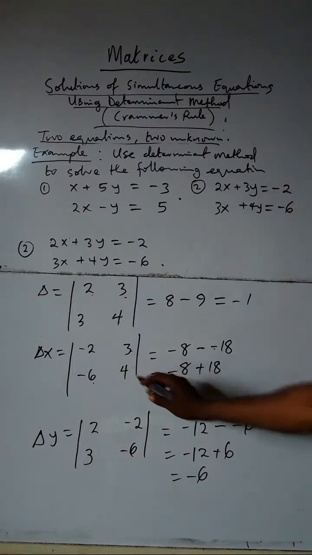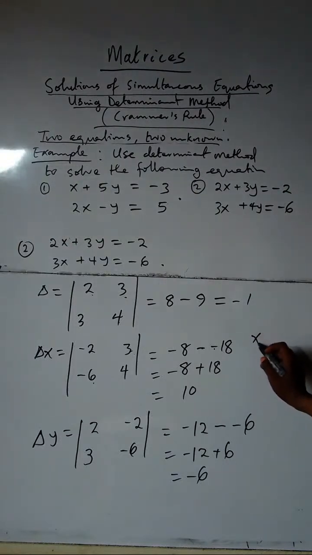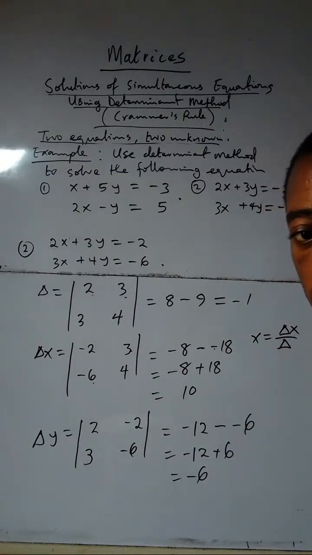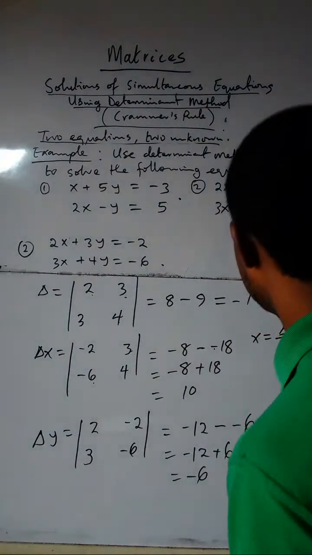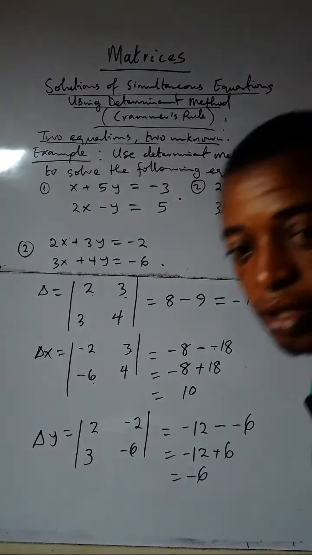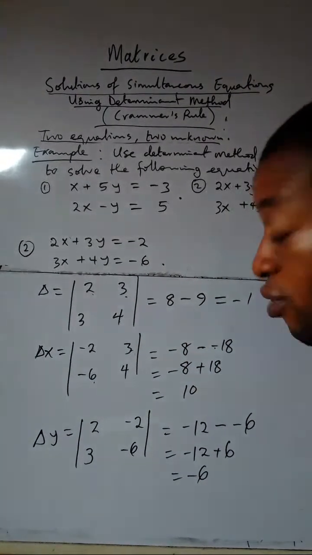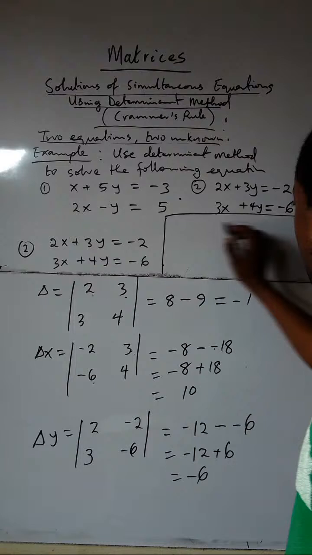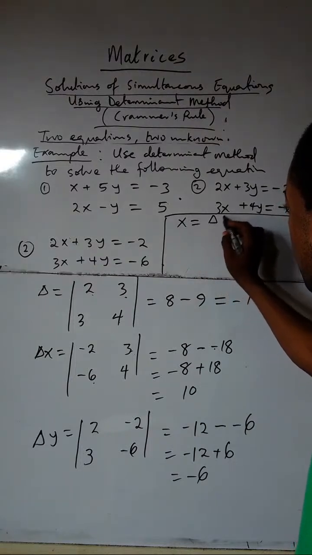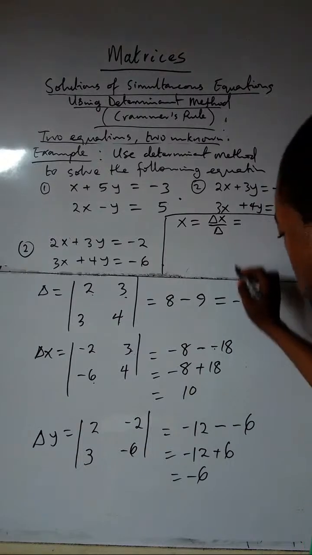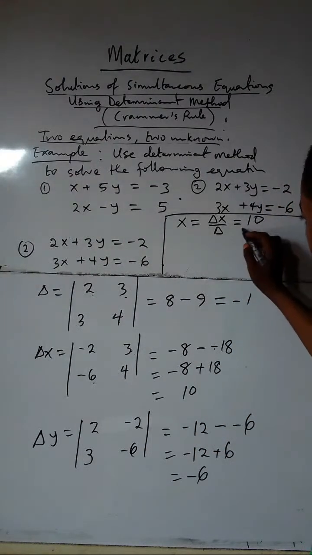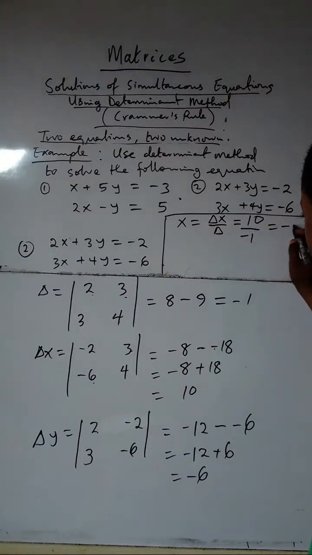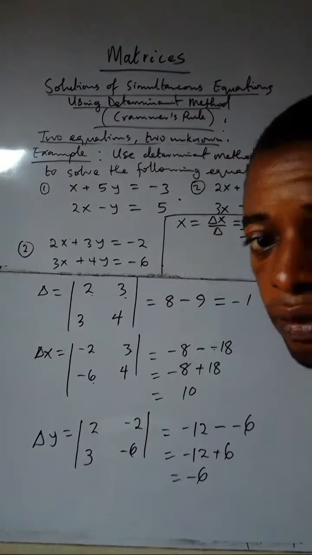since we have delta x as this and delta y as this, x is now equal to delta x over delta, which implies we have, let's use it, okay. So here we can conclude that x is the same thing as delta x over delta, and delta x here is 10 over the determinant minus 1, and x here is minus 10 from what we have.